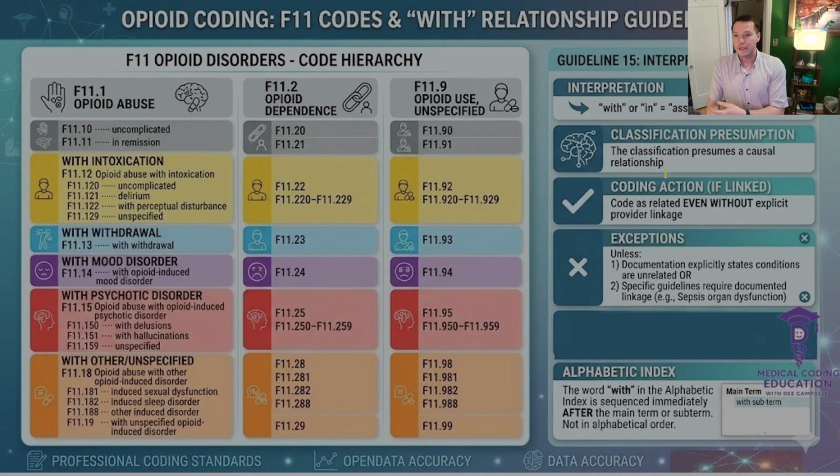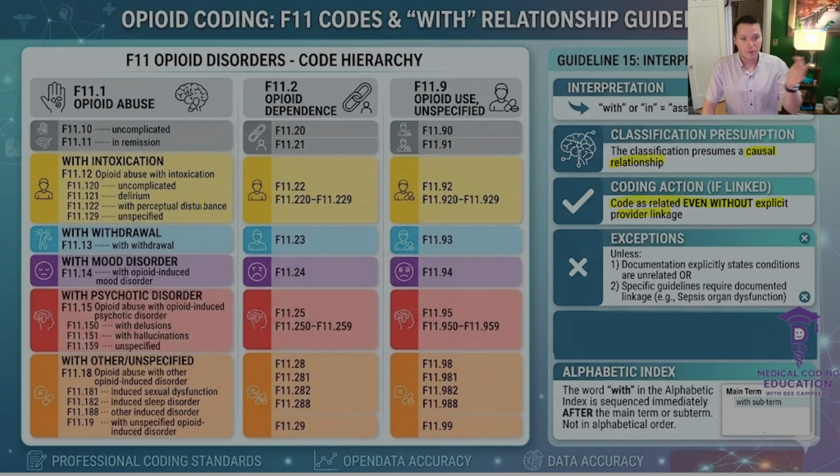What I want people to know is the with guidelines, how they work in coding, is they are coded as related even without explicit provider linkage. The reason for that is everything with a with, when it comes to coding, has a causal relationship, is how it's expected.